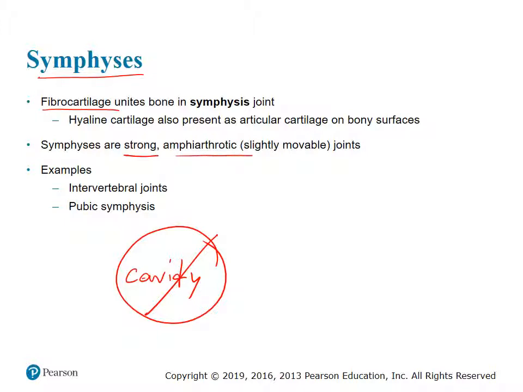They're slightly movable. Two examples, the intervertebral joints. Right, intervertebral joints, vertebral discs, or the cartilage in between your vertebra, right?